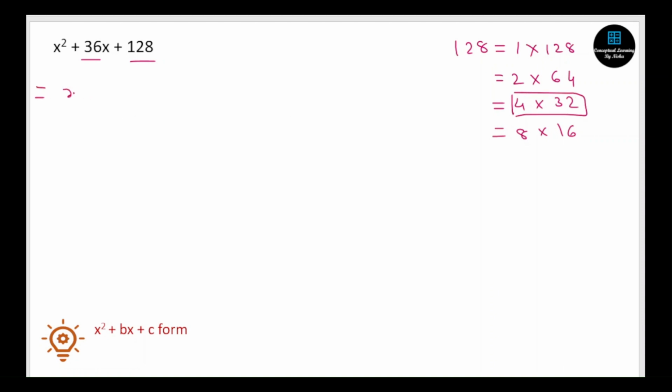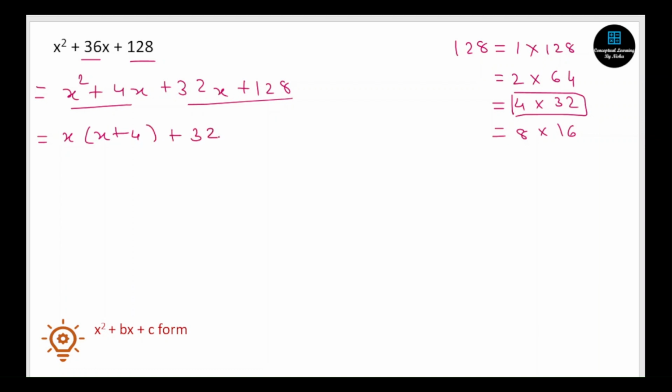So I'll write this as x square plus 4x plus 32x plus 128. Now group the first two and the last two terms. What do we get? x common, x plus 4; 32 common, x plus 4. So we'll get x plus 4 into x plus 32. These are the factors, so this is my answer.